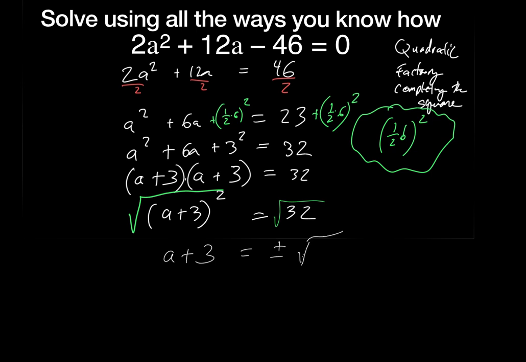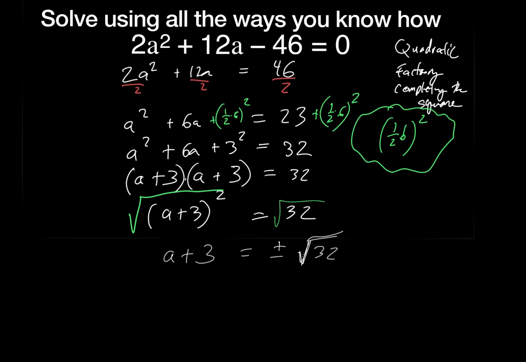And this is where the plus or minus comes in, which is one of those little things that you put on your note card: when you square root something squared, it's always plus or minus. How do we know that? 3 times 3 is 9, negative 3 times negative 3 is 9. So 9 is a perfect square. If I square root it, it could be 3, it could be negative 3. So that's why it's plus or minus.